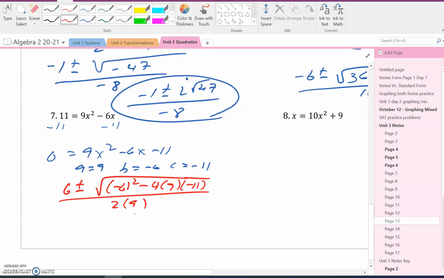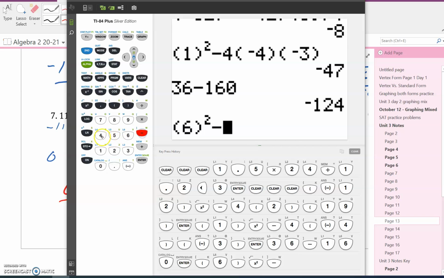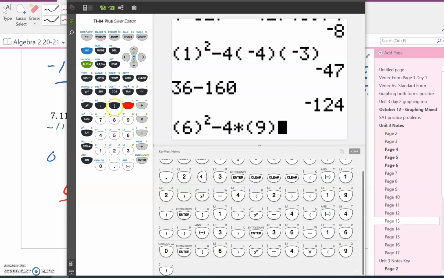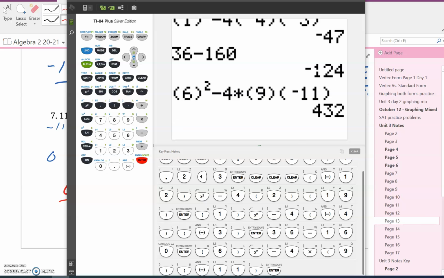All right, so I need the calculator. 6 squared minus 4 times 9 times -11. So parentheses 6 squared minus 4 times 9 times -11. I am guaranteeing a positive answer. Whoa, 432! How you like them apples?